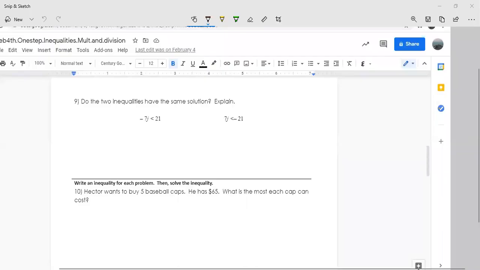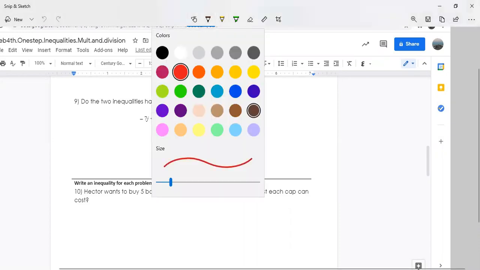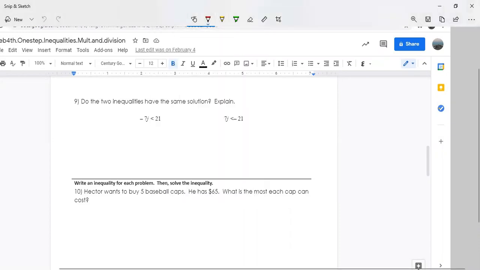All right, number 9, do the two inequalities have the same solutions? Explain. Well, for me to know if they have the same solution, I have to solve it. Solution means solve it. So let me solve it. I have to divide both sides by negative 7. I'm dividing by a negative, so I have to switch the inequality symbol. Negative 7 divided by negative 7 cancel.